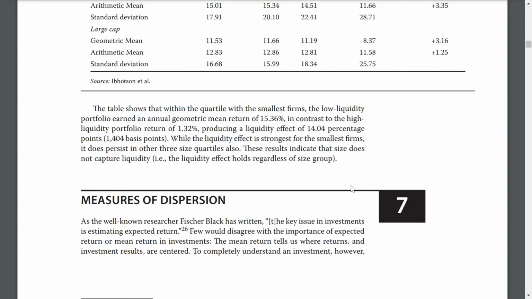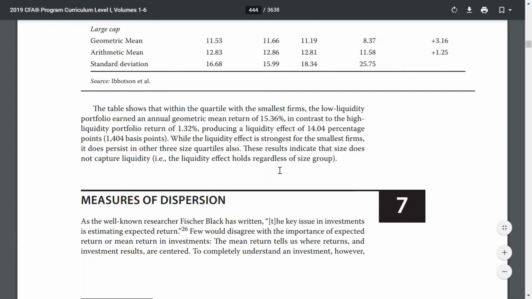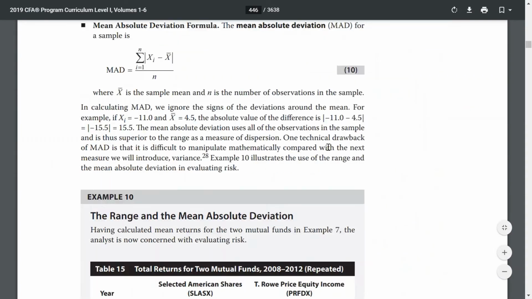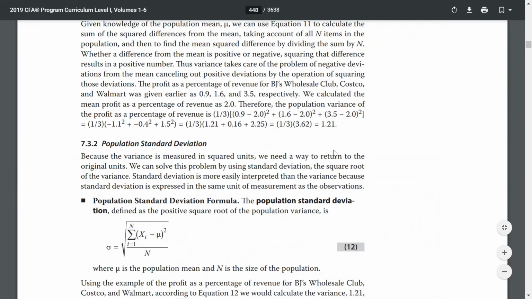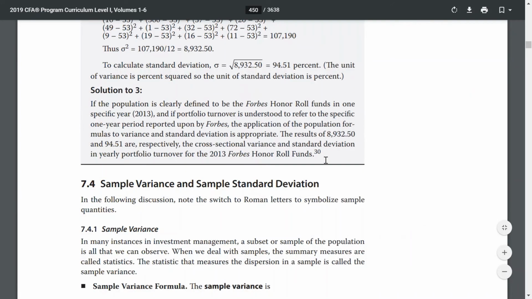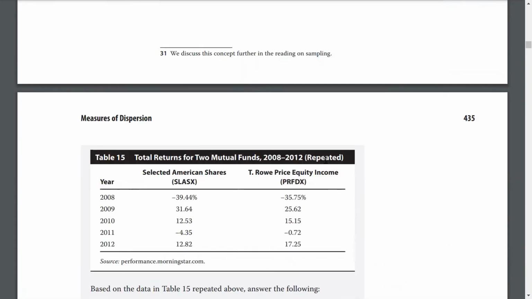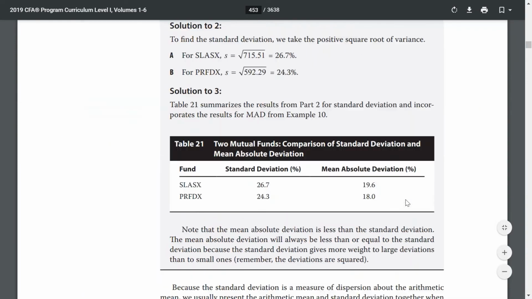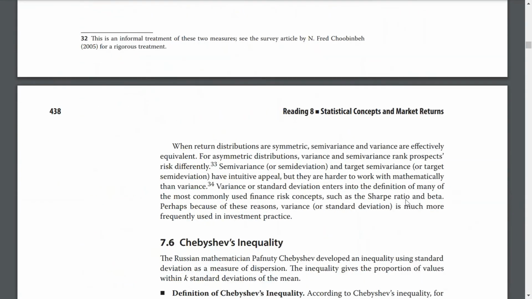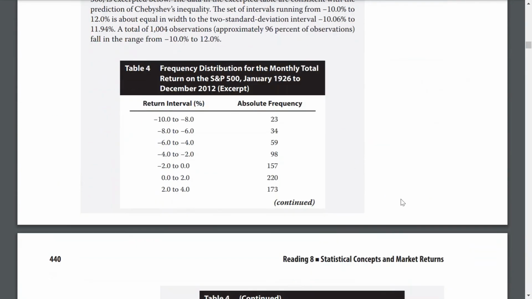Let me see how long chapter 7 is before I start reading part 7 of chapter 8. Yeah, this is a long chapter.